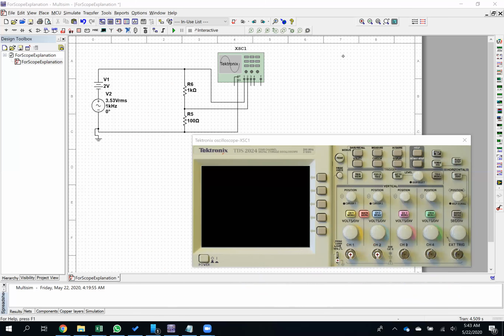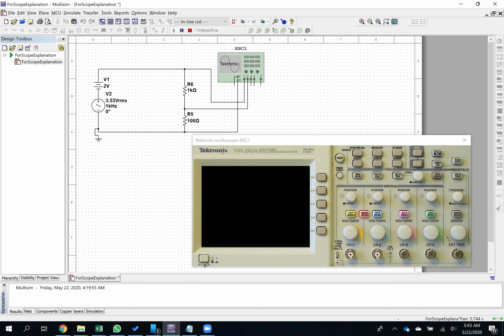Now, first things first, I made this mistake while I was setting up for this video. I turned on my oscilloscope and I didn't see anything at all. And it was because I didn't have my simulation running. I'd stopped my simulation for a second. And so I have to remember my simulation has to be running so that my power supplies are on and I'm getting some signals there.